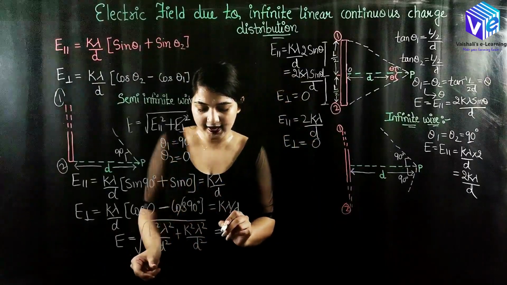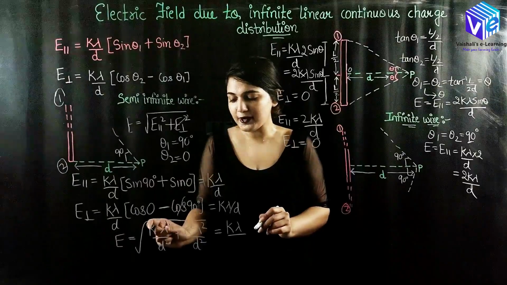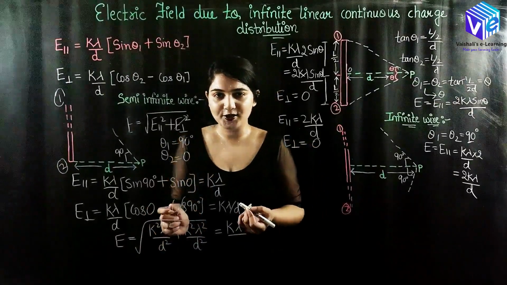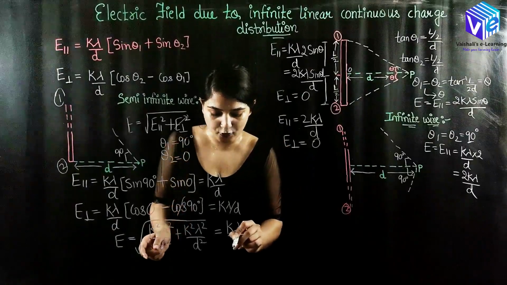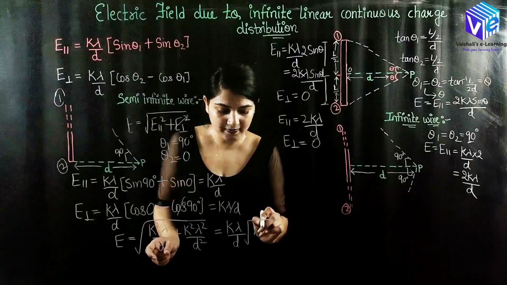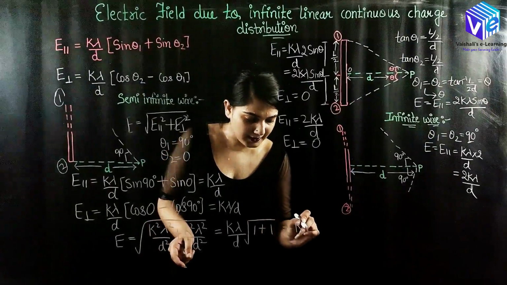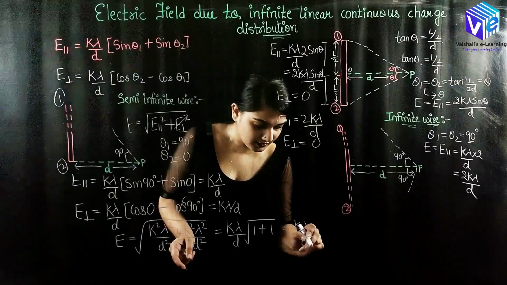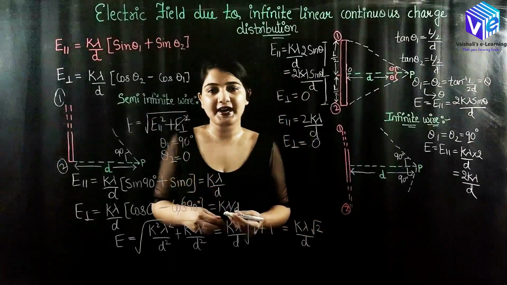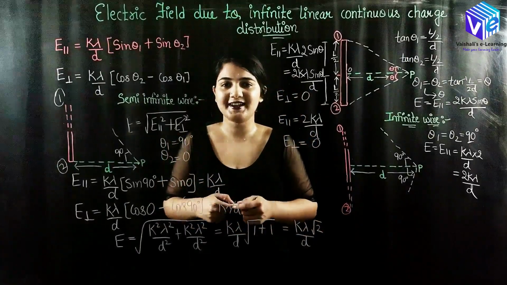Now I can take k lambda upon d outside, because I can take k square lambda square upon d square common, and under root of k square lambda square upon d square will be k lambda upon d. So I am directly putting it outside. What is left here? 1, and what is left here? 1. So here we have k lambda upon d into under root 2. This is how we can find out the electric field. Don't forget to put the units of the electric field as well.